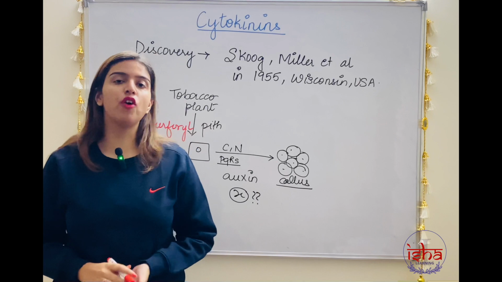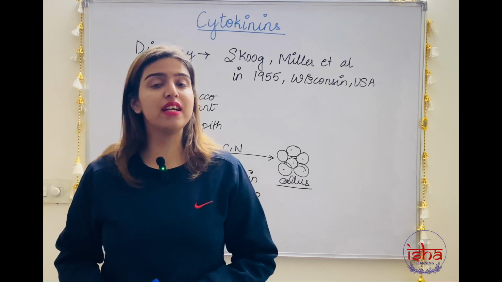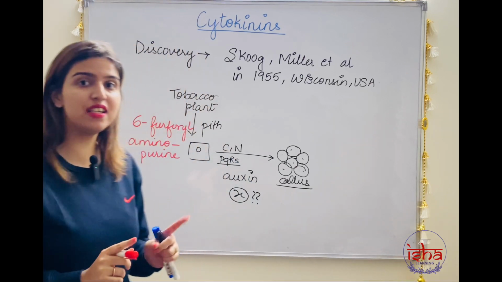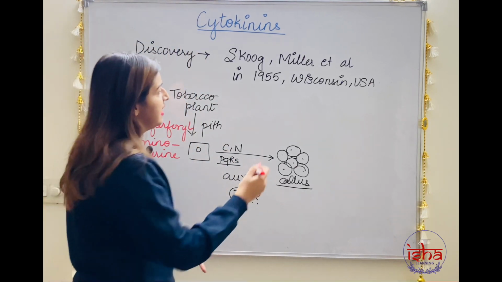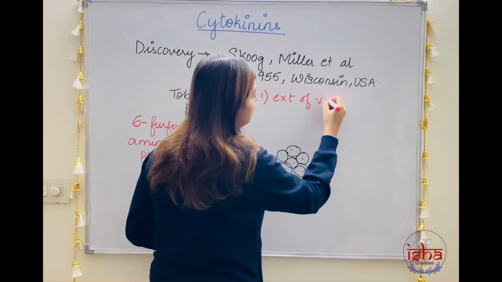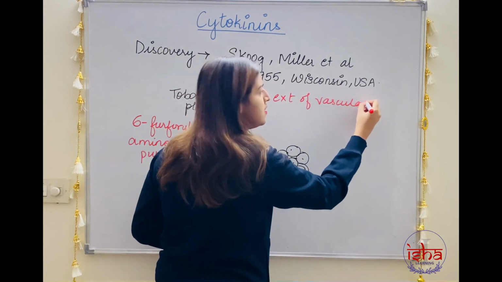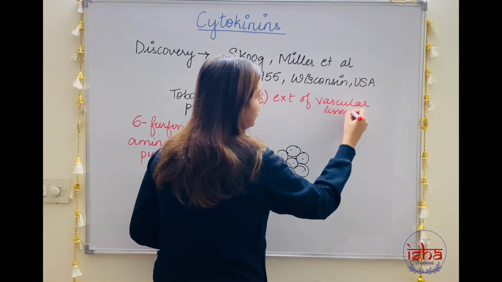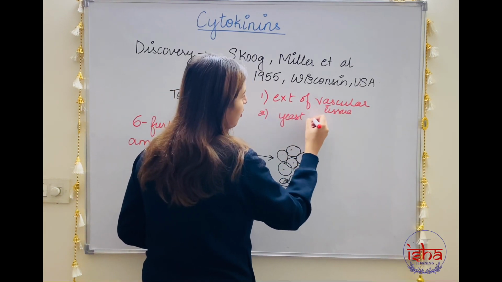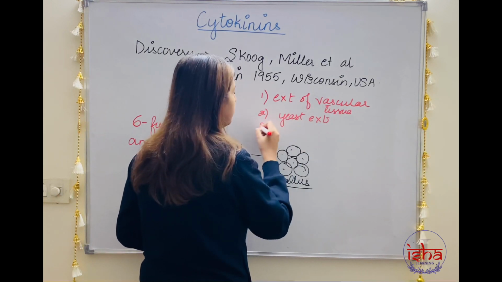On further performing experiments, they found that similar results were also produced when instead of degraded DNA, they either added extract of vascular tissue. Vascular tissue is your xylem and phloem. Also, if they added yeast extract or they added coconut milk.